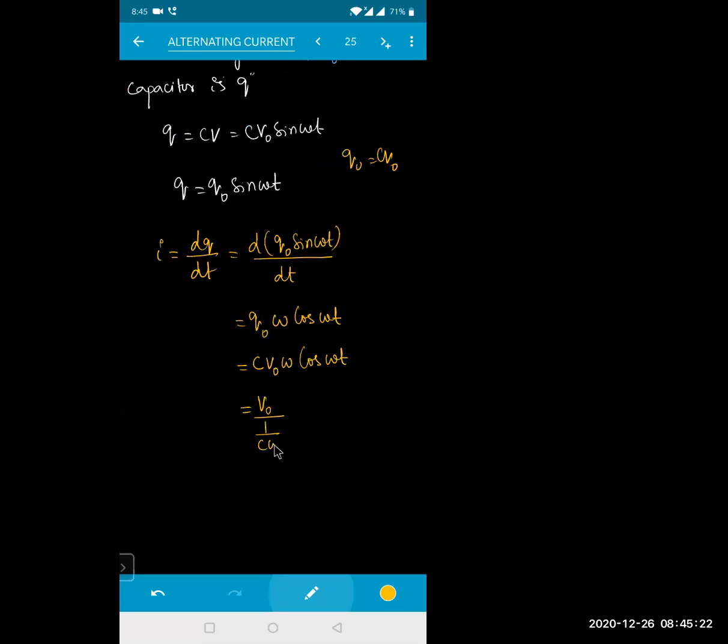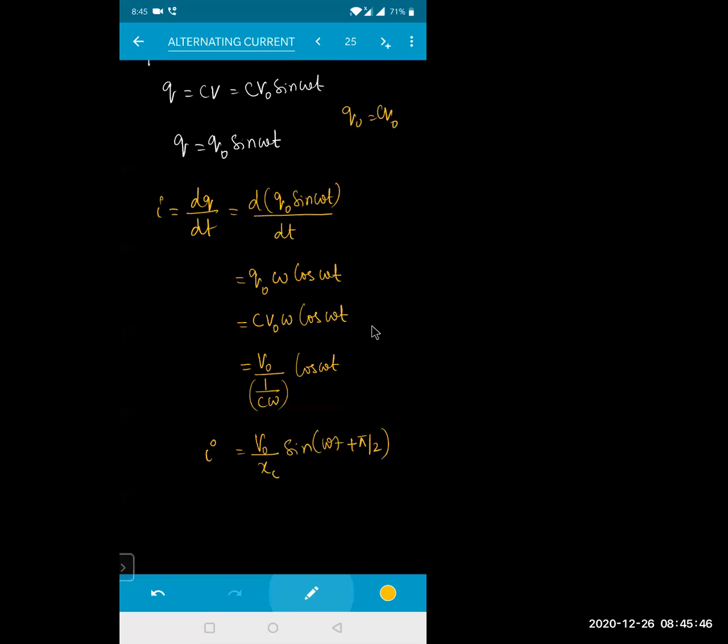So this is V naught divided by 1 by C omega, which is nothing but 1 by XC. Cos omega t can be written as sine of omega t plus pi by 2. Can I write like this? So this is your current.